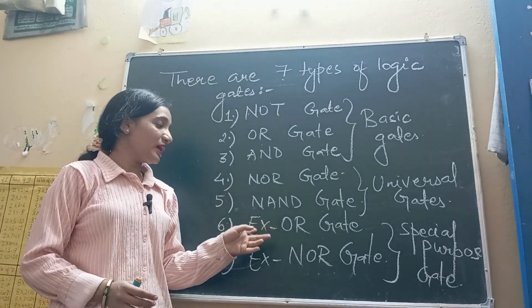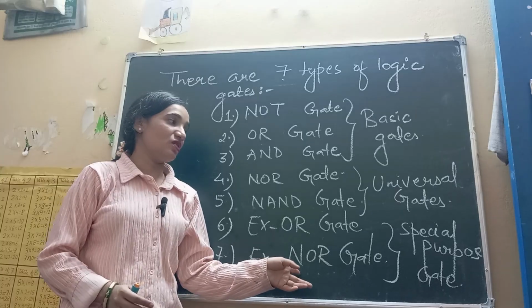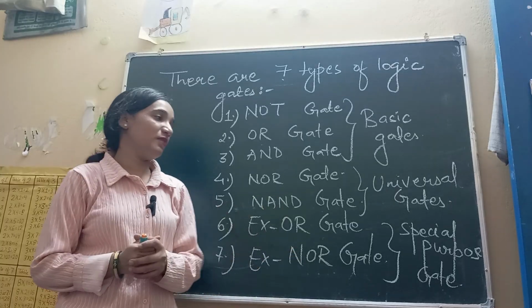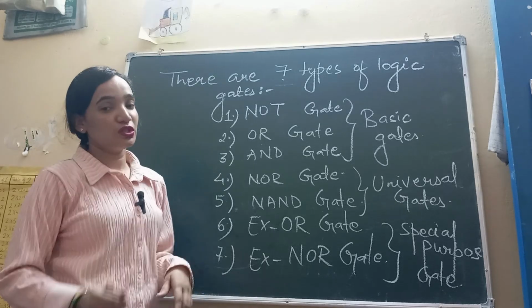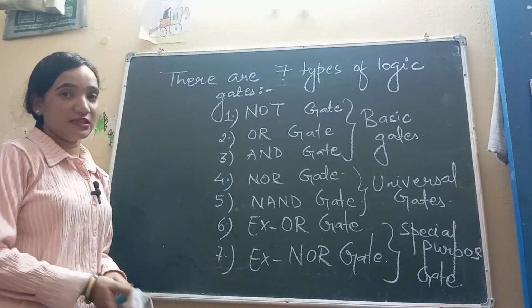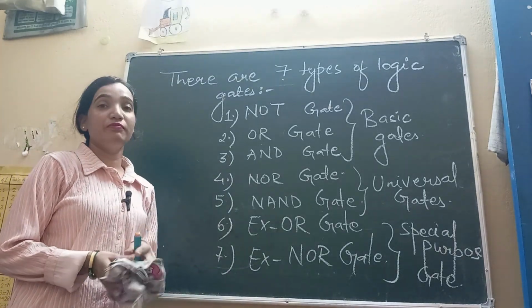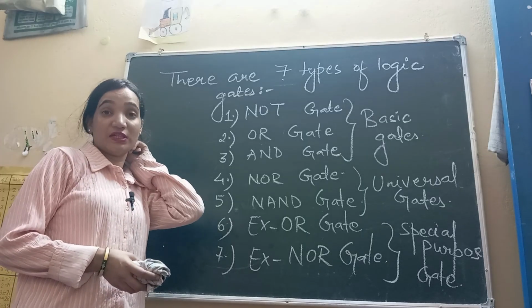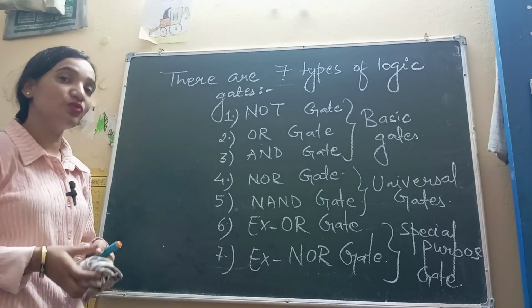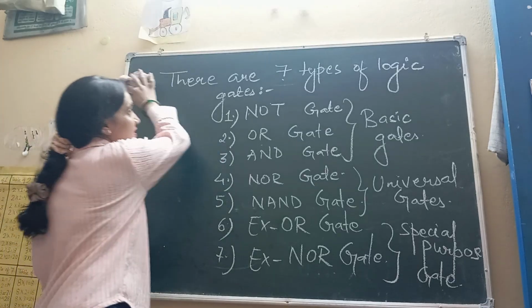XOR and XNOR are the special purpose gates. Now let us look into each one of them in detail. We will see how the symbol looks, what its truth table is and how it works. So let us start.